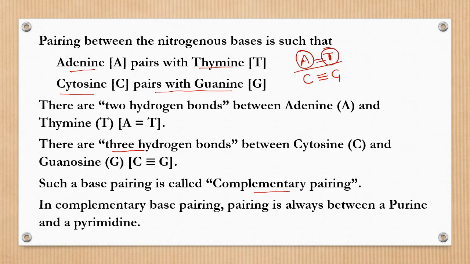So in a complementary base pair, a purine is always paired with a pyrimidine. Clear?